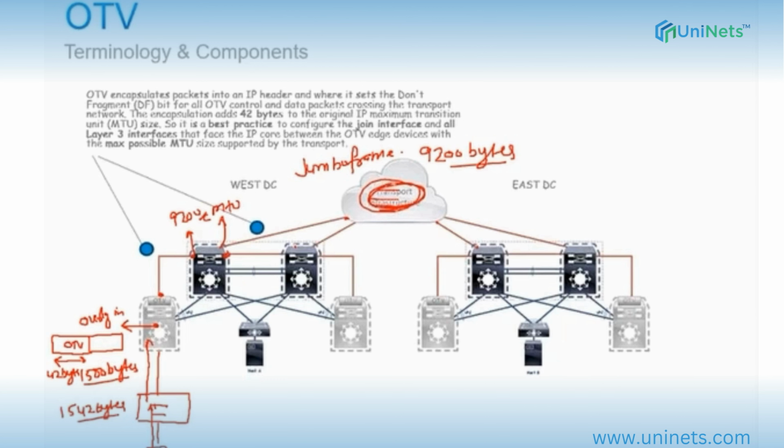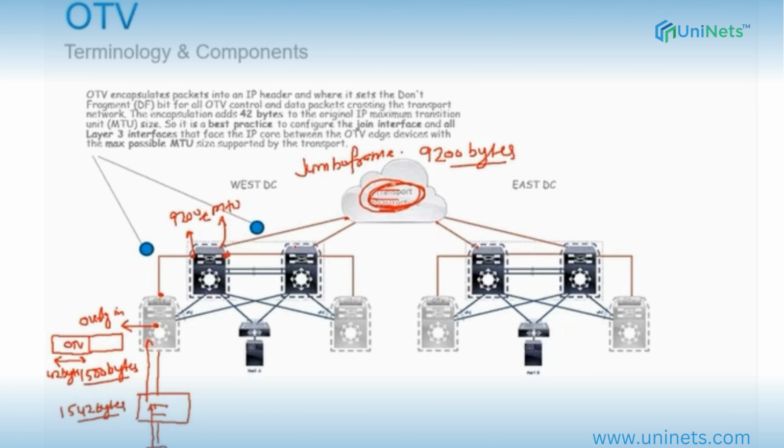Otherwise, if you don't configure OTV, the Nexus device will fragment the packet if it receives one greater than 1500. But if you configure OTV on the Nexus device, it forgets fragmentation. For example, if we have 5000 bytes on an interface, it will do fragmentation in normal scenarios, and the same happens on the Nexus.